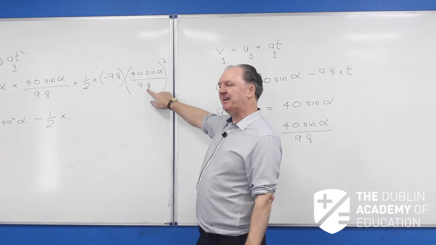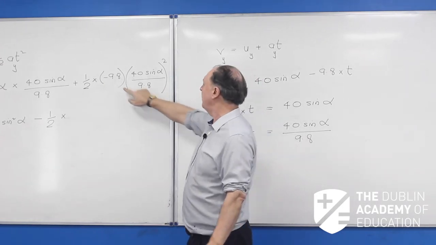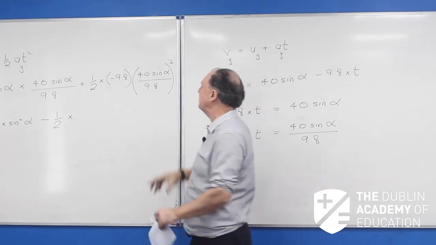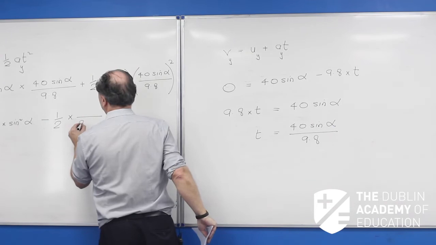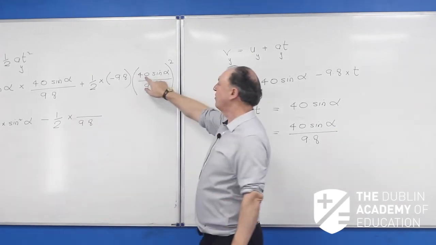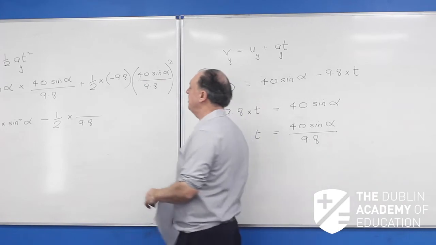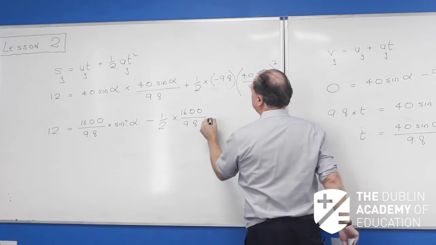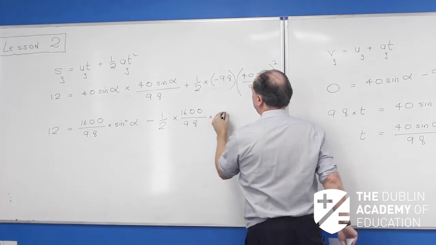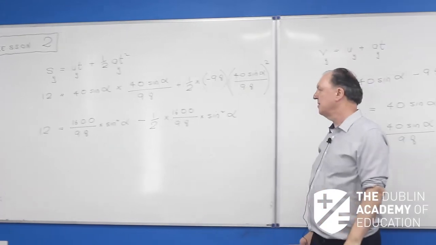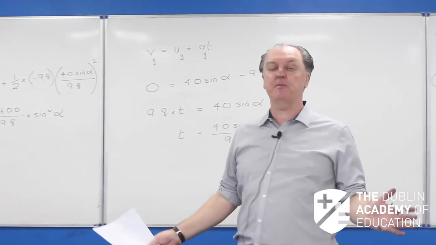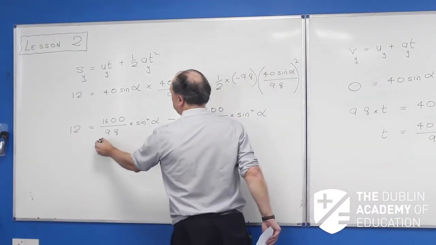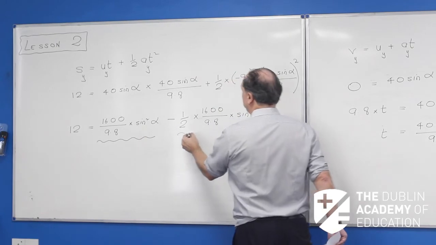If I square the bottom, I get 9.8 squared. And if you divide that 9.8 into the 9.8 squared, you will get 9.8 on the bottom. 40 squared, that's 40 by 40, that's the 1600. And sine alpha all squared is sine squared alpha. So I've got two terms on the right, which are sine squared alpha. There's one term, and there's another term.